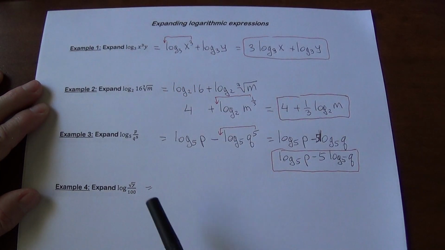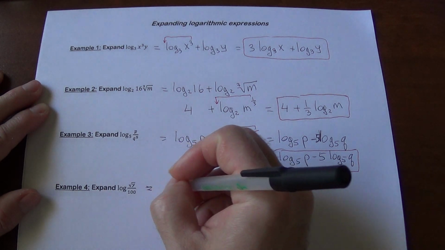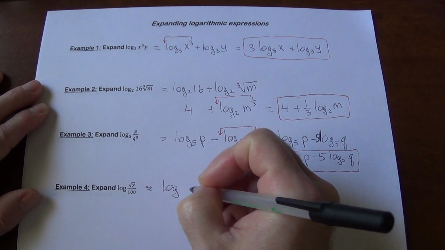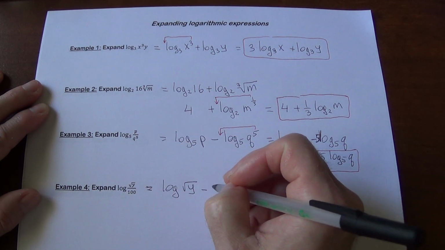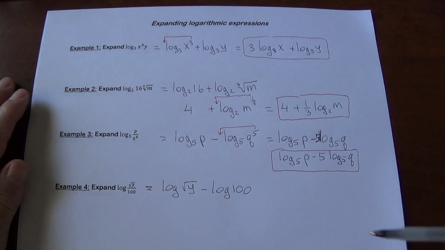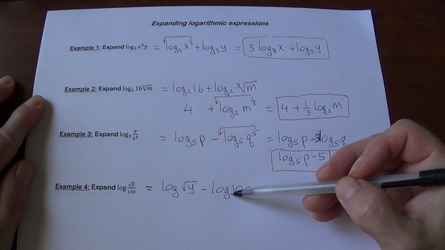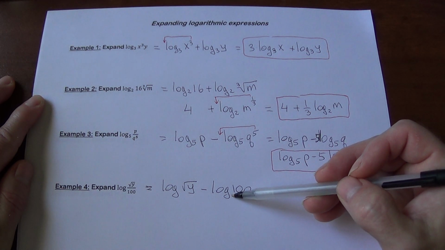I do want to remind you that here we have a log with no explicitly written base. That means the base is 10. So it's going to be log of the square root of y. Quotient means we do minus log of 100. Log base 10, this is base 10, of 100. 10 to what power equals 100?